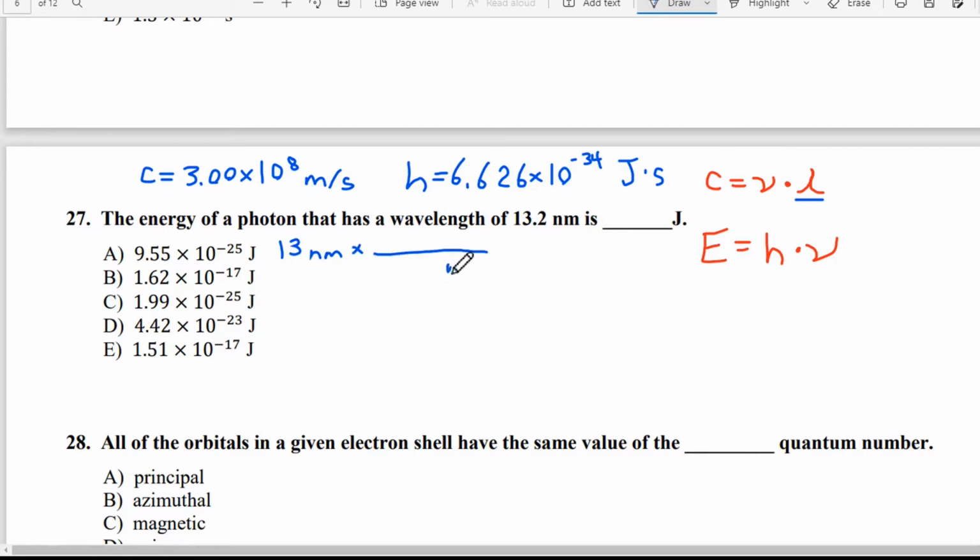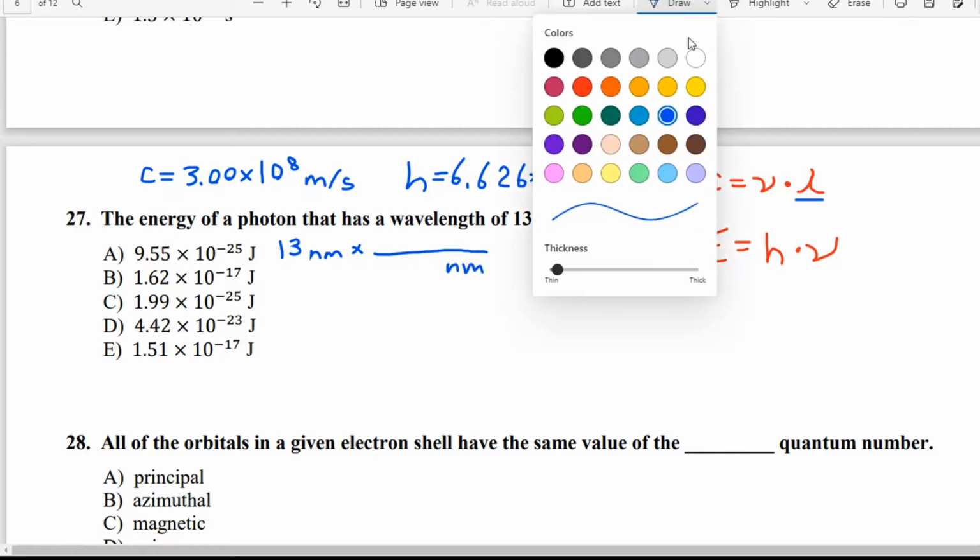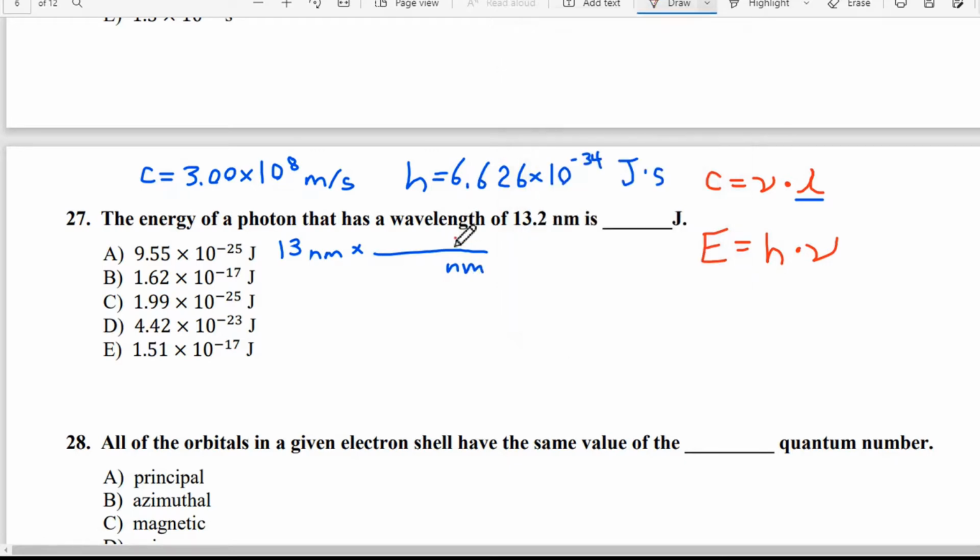And so yes, unfortunately, you didn't think you had to memorize those, did you? But you do. So nanometers to meters, what does nano mean? 10 to the negative 9th.